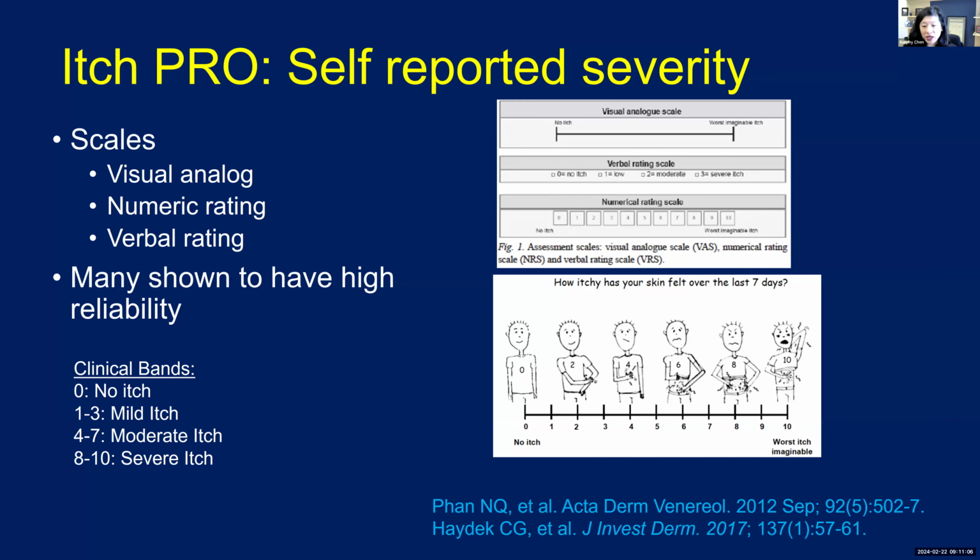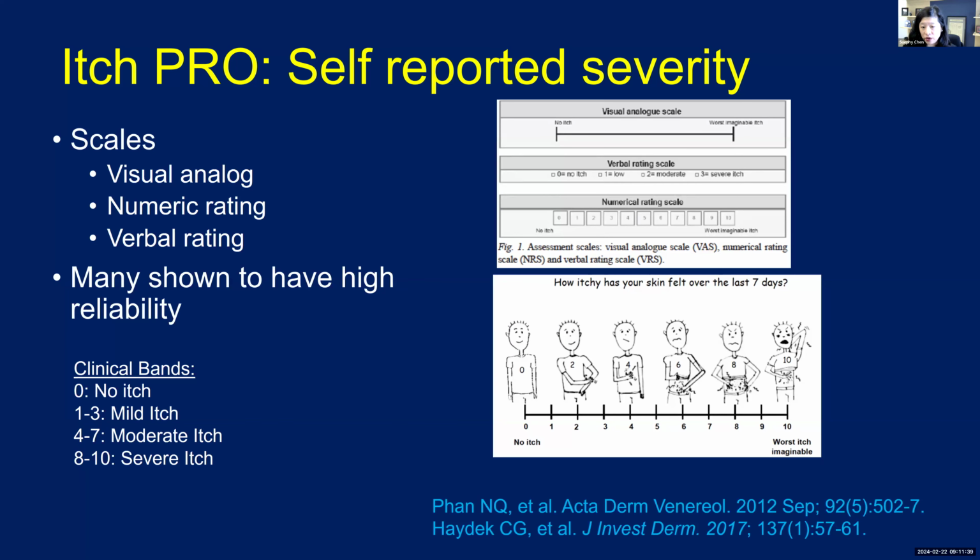But one thing that I just want to point out is that in the itch world, until our group actually developed the ItchyQuant, which is this cartoon annotated self-reported itch severity scale, we didn't have something that annotated it with pictures. So with pain, there's something called the Wong-Baker faces, where they've got pictures from very happy to tears. The ItchyQuant is something analogous to that so that people can use these pictures to anchor what these numbers would mean.